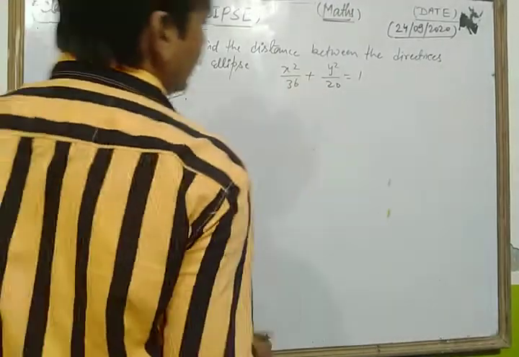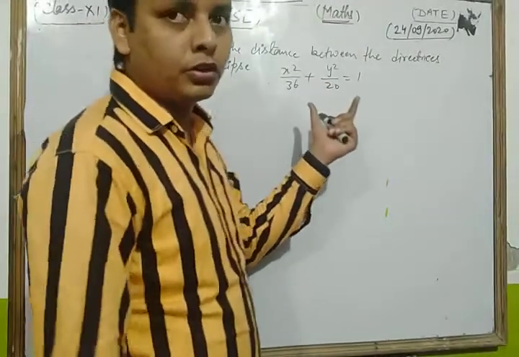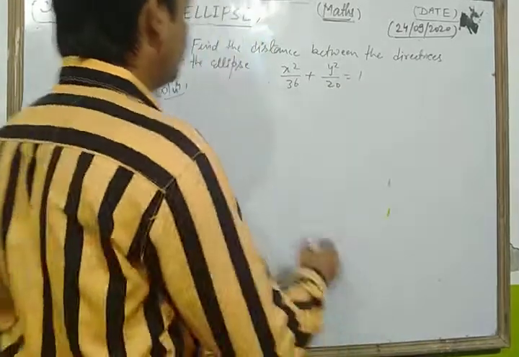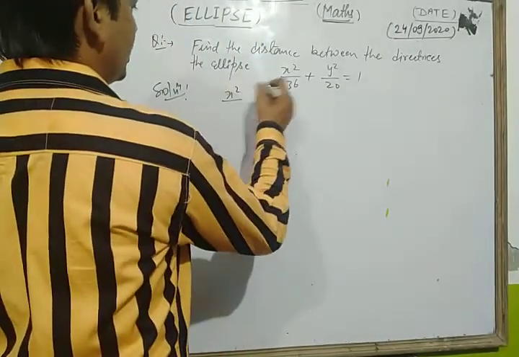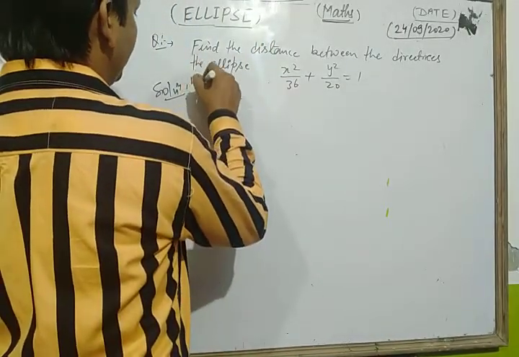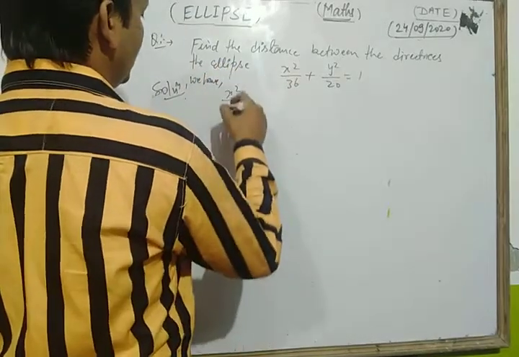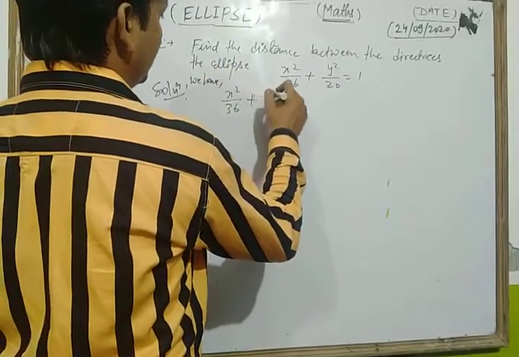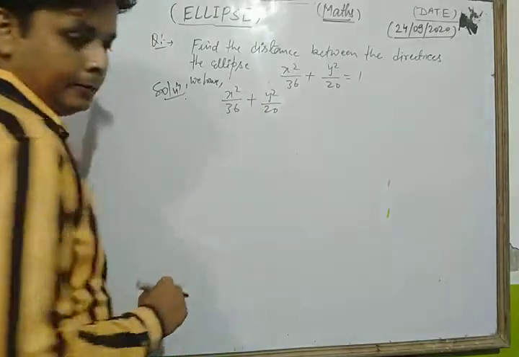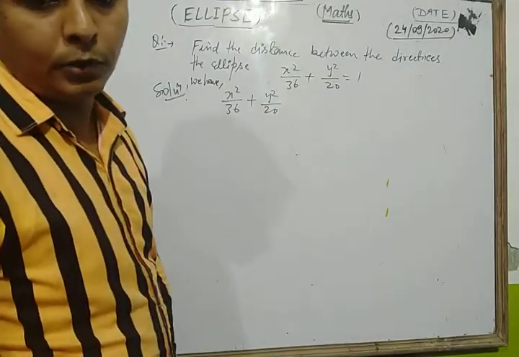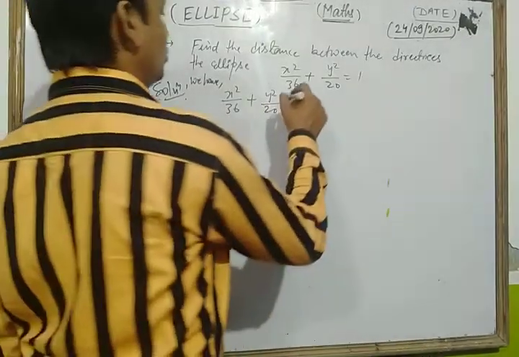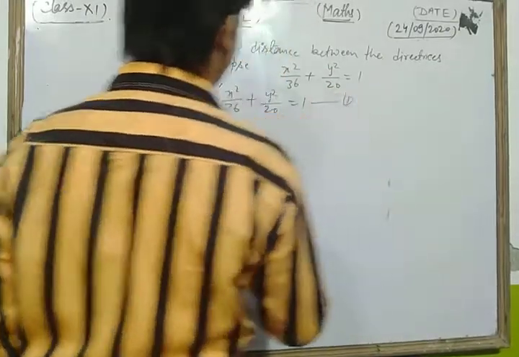Dear student, first we write the given equation in its standard form. We have the equation x square by 36 plus y square upon 20 is equal to 1. Take equation number 1.